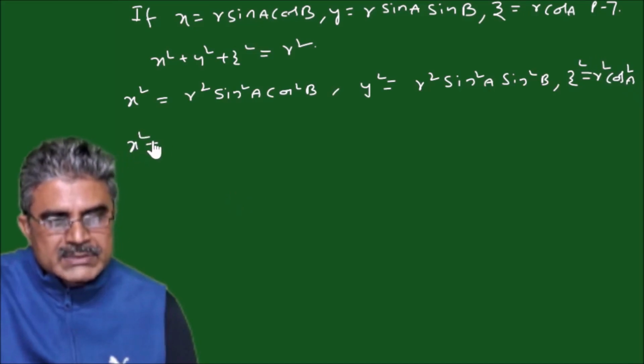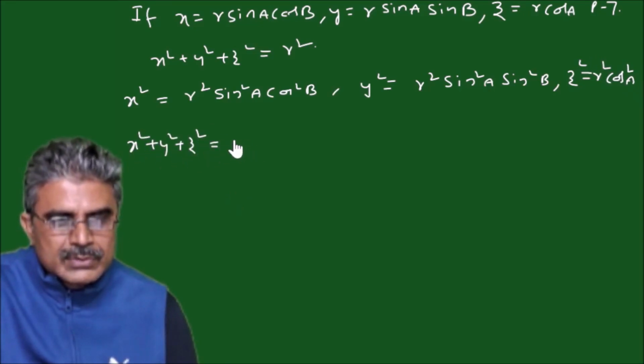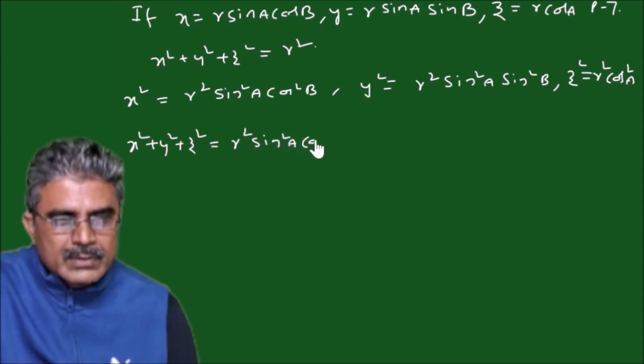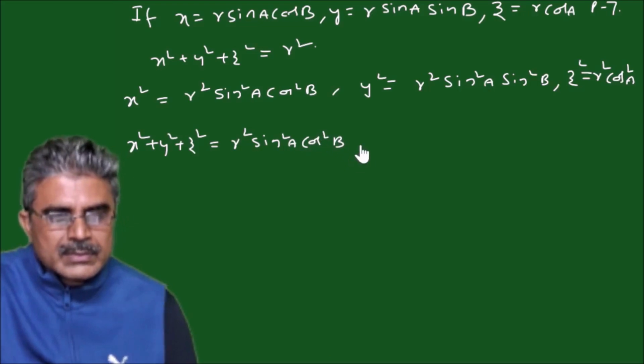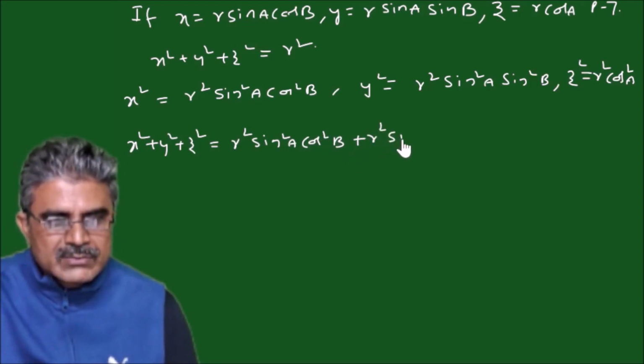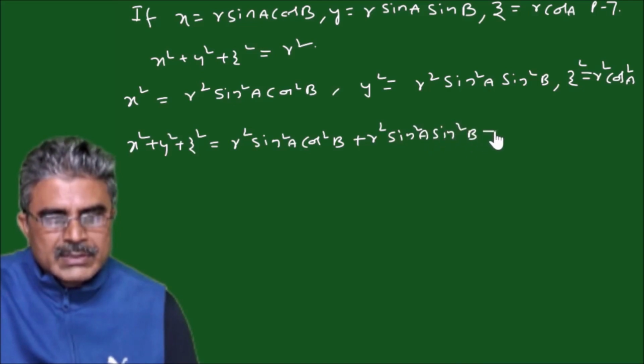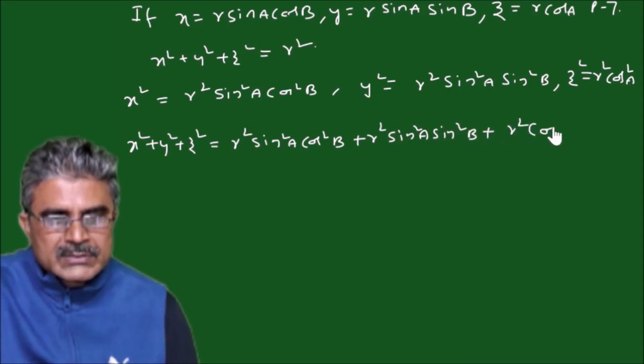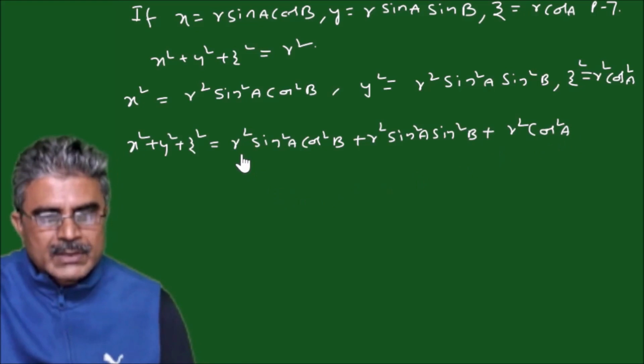Now we need to consider x square plus y square plus z square, which is equal to r square sin square a cos square b plus r square sin square a sin square b plus r square cos square a.